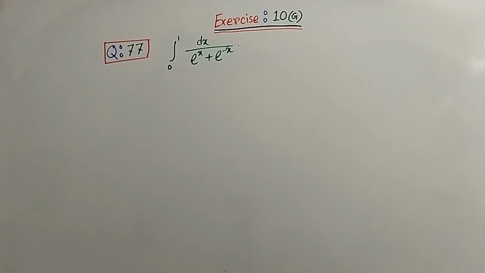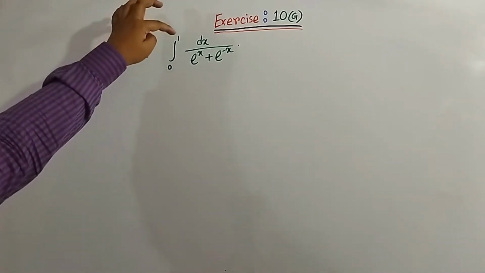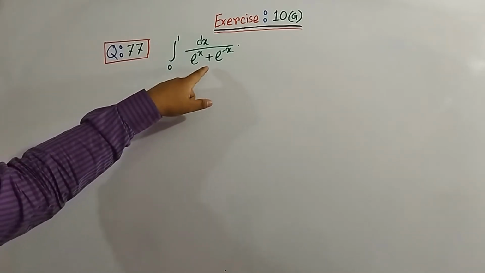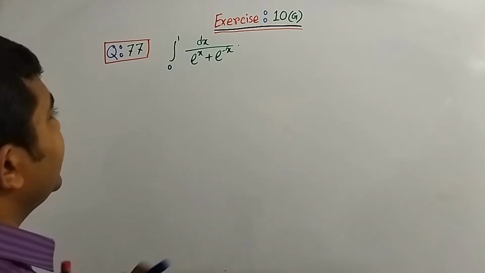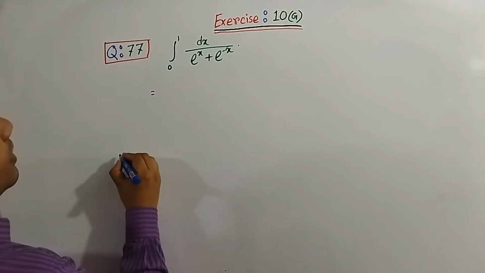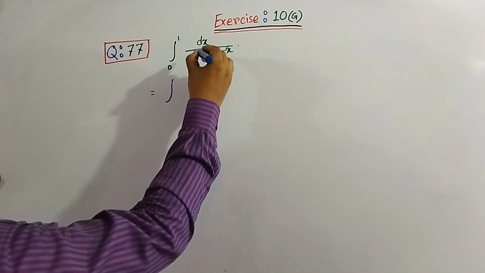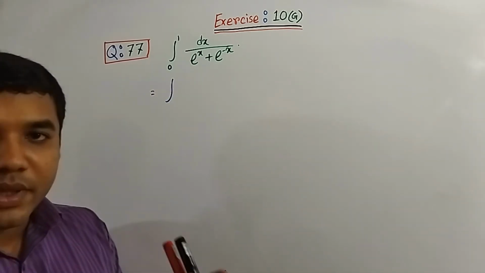Dear students, our next problem is question number 77, and here is given the integral from 0 to 1 of dx over e to the power x plus e to the power minus x. To solve this type of problem, we can multiply the denominator and numerator by e to the power x.